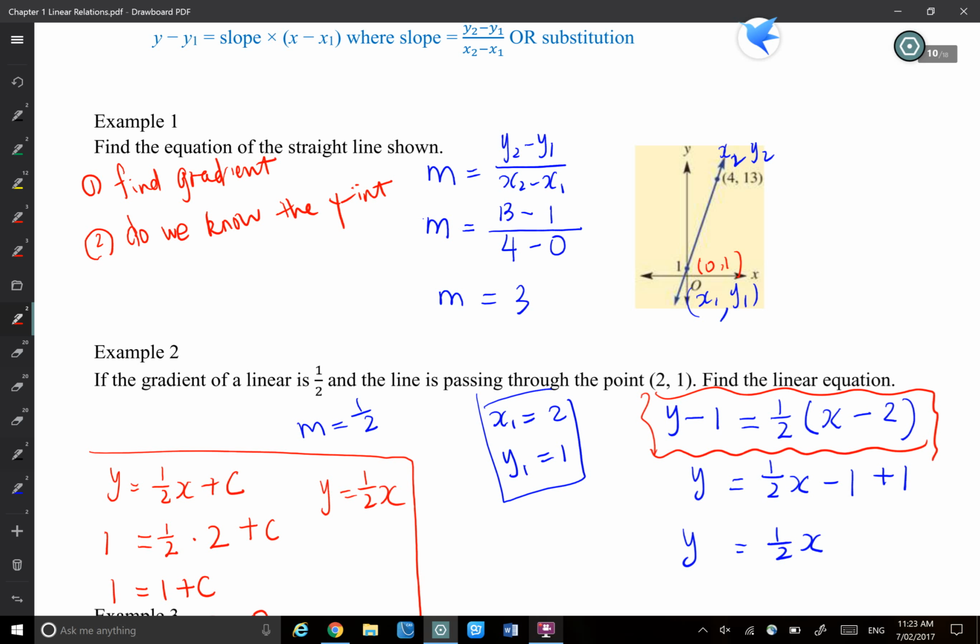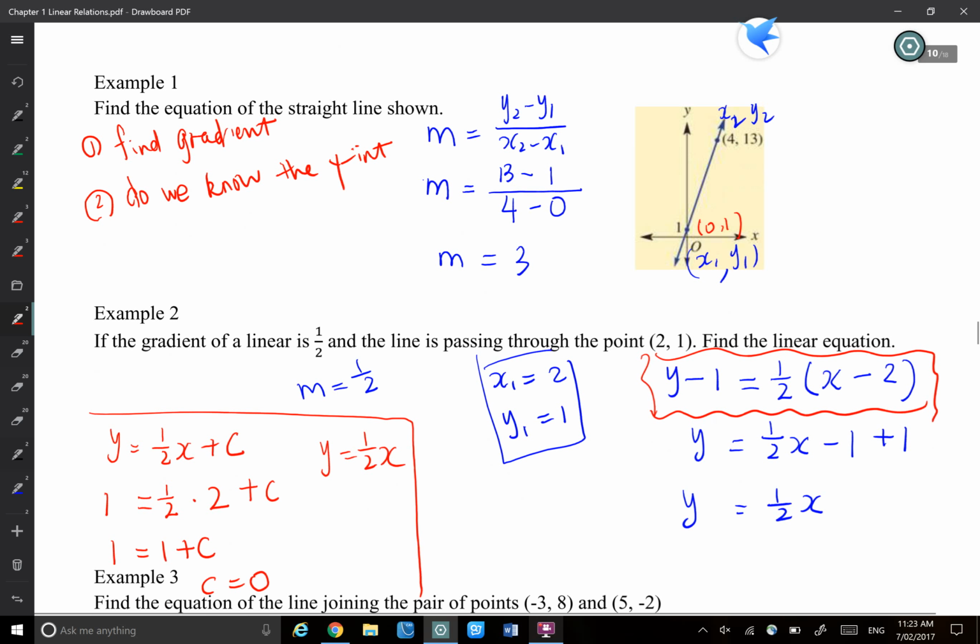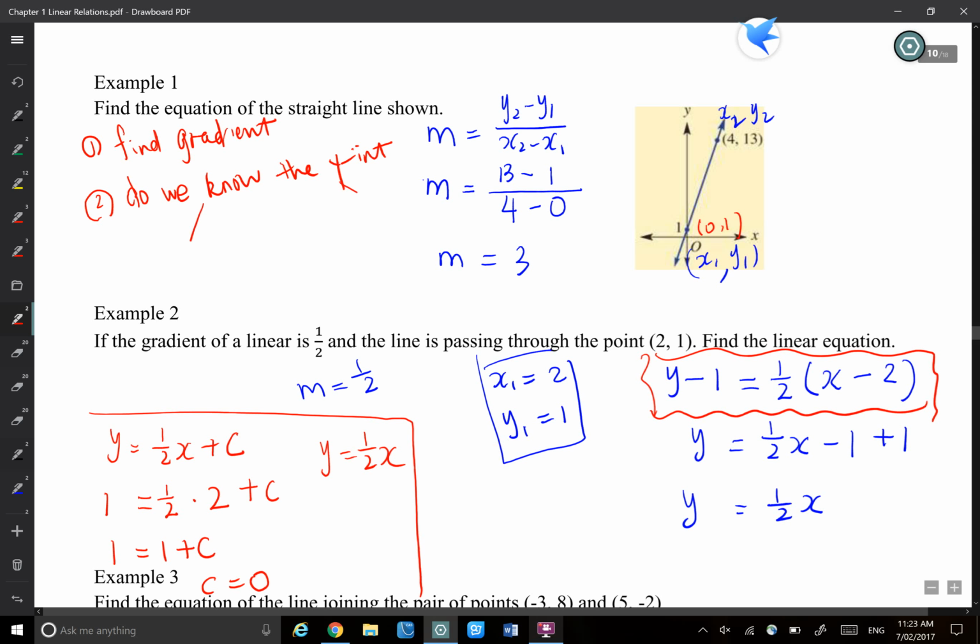If I don't know the y-intercept, I need to go through this equation: y minus y1 equals m times (x minus x1). So that will be yes or no. If it's yes, I will use y = mx + c. If it's no, I need to use y minus y1 equals m(x minus x1).